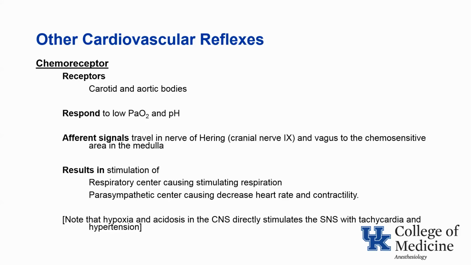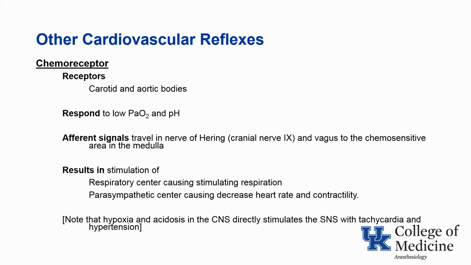The chemoreceptor reflexes are located in the carotid and aortic bodies. They respond to low PO2 and pH. Afferent signals travel up the nerve of Hering, cranial nerve 9, and the vagus to the chemosensitive areas in the medulla.